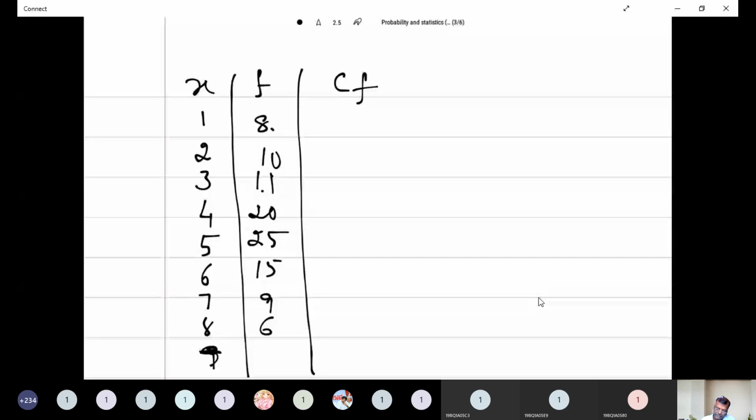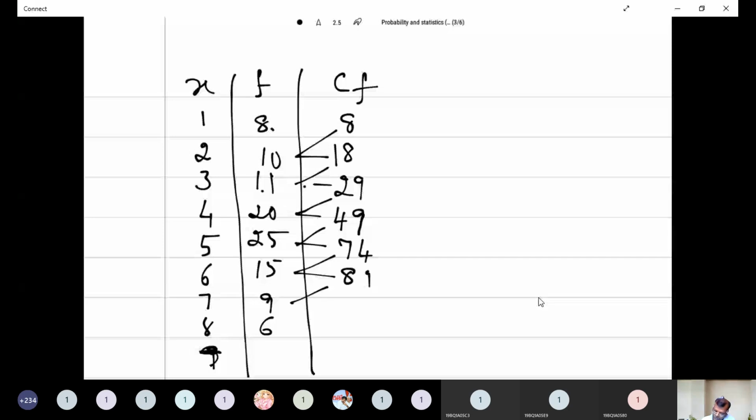No, only 8 values you have to take. This is 8, adding the next 18, adding the next 29, and adding the next 49. This is correct. Adding the next, 74, adding the next 89, adding the next 98, adding the next 104. Sorry, 104.